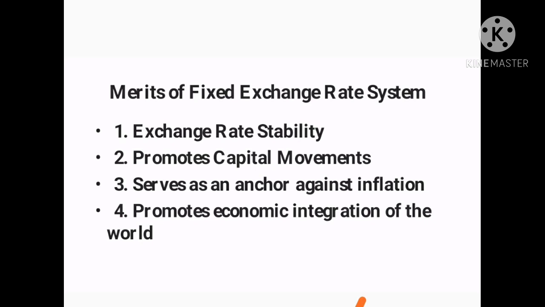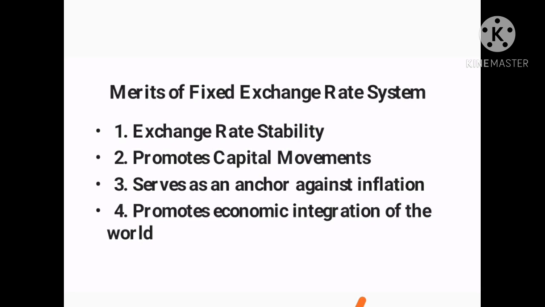Second, promotes capital movements. It facilitates capital movement by private firms. A stable currency does not involve any uncertainties about capital loss on account of changes in exchange rate. Therefore, fixed exchange rate system would attract foreign capital investments.